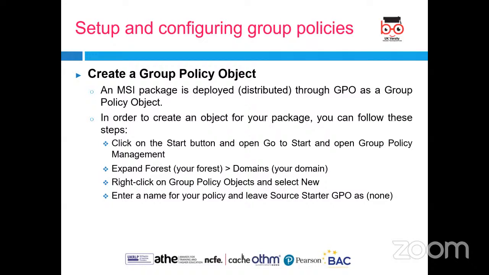Then after that, you have to open Group Policy Management, expand forest, domains, and after that, you have to right-click on the group policy object and select new. Once that has been done, you now have to enter the name of the policy and leave the source starter GPO as none.